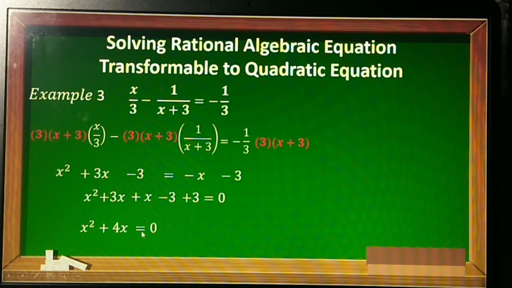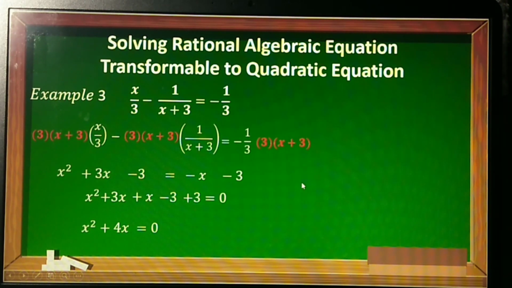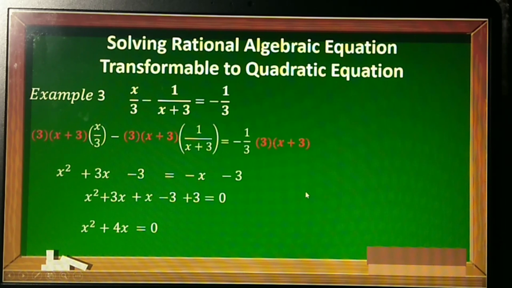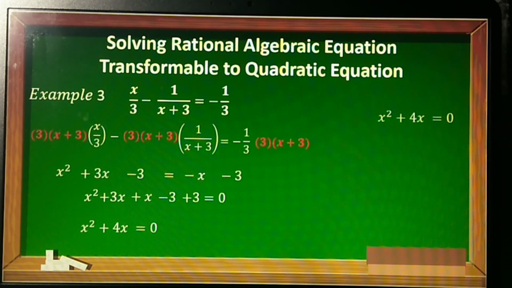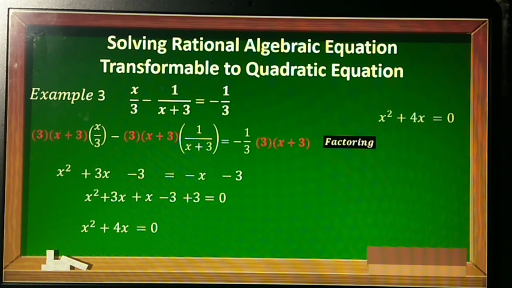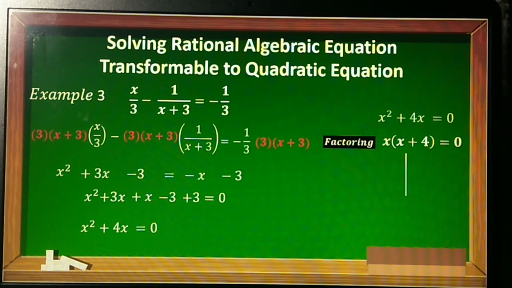Again, isosolve natin yung roots of this equation by using factoring. Factored form of this is x, quantity x plus 4 is equal to 0. Then, apply the zero product property as we set each factor equal to 0.